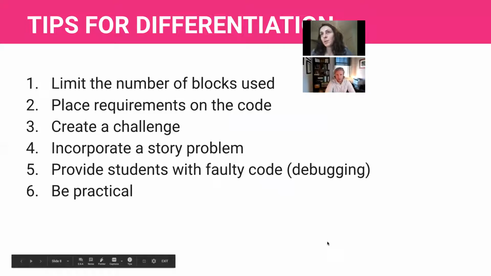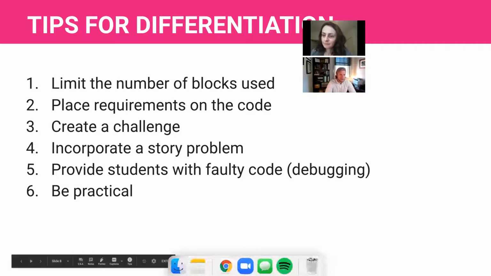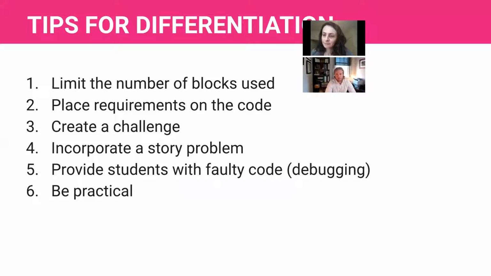Awesome. So do you mind walking through some tips? What does differentiation mean, and can you walk through these tips that you've put together? Yeah, so when we differentiate instruction for our students, it really means that we can take one activity and display it or guide our students in different ways based on their ability level or maybe their prior knowledge, or maybe you want to use a similar activity at different grade levels.